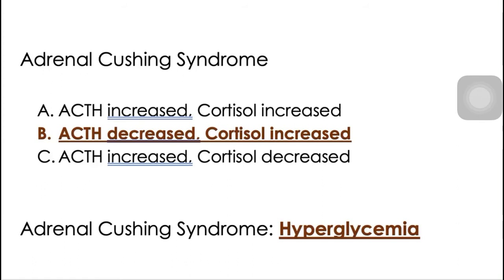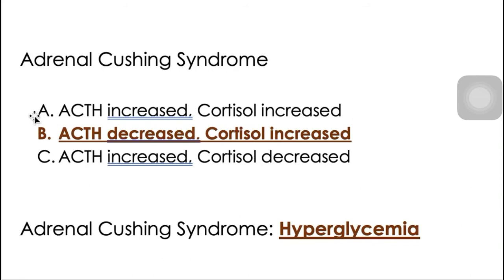Kapag yan naman po ay a case of secondary hypercortisolism or sa case ng pituitary Cushing or Cushing's disease, the cortisol is increased because of increase in ACTH. The problem is in the pituitary gland secreting high amount of adrenocorticotropic hormone, thus stimulating the adrenal cortex to produce more cortisol.